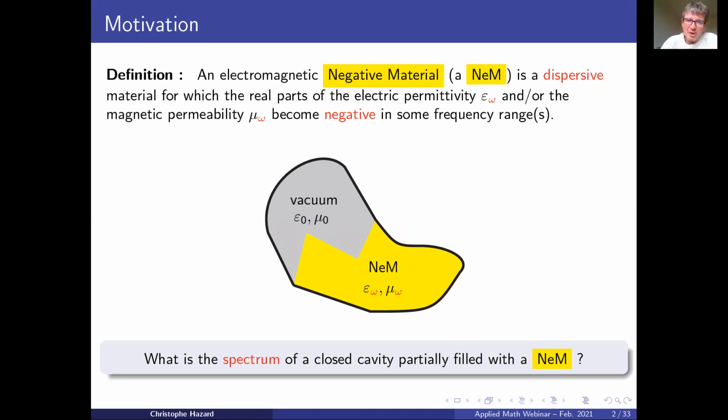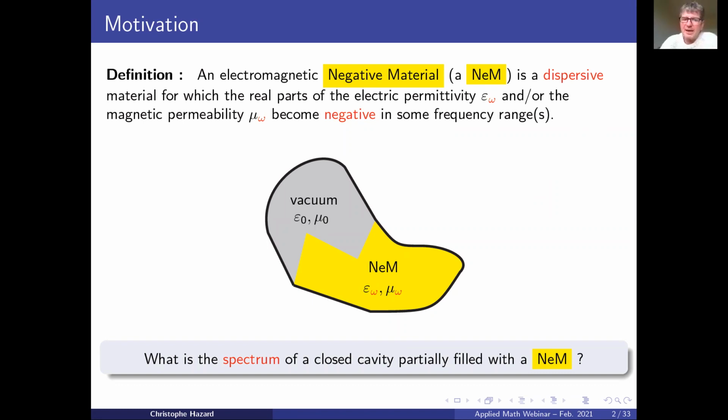And this may happen only in some frequency range. This means that these quantities, epsilon and mu, necessarily depend on the frequency, which is denoted here by omega. It is a dispersive material.